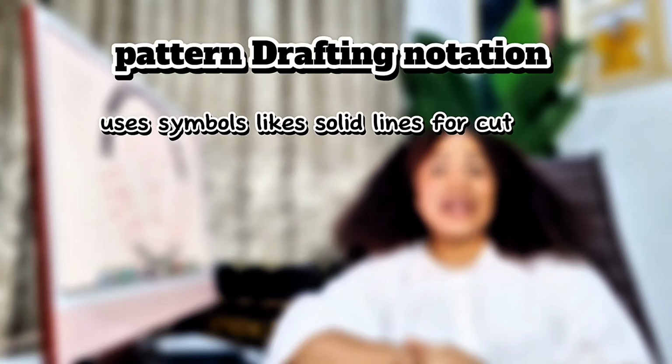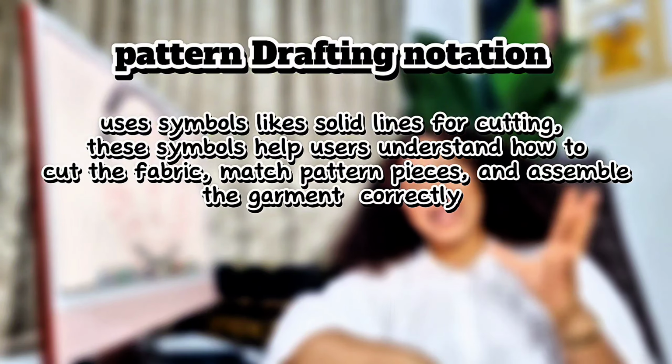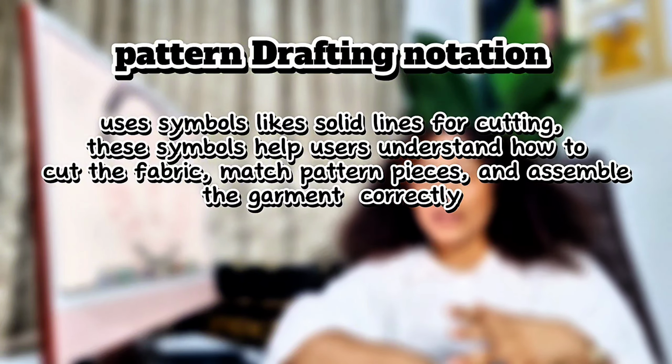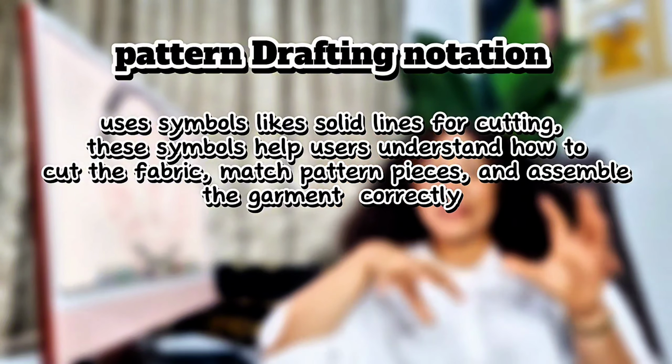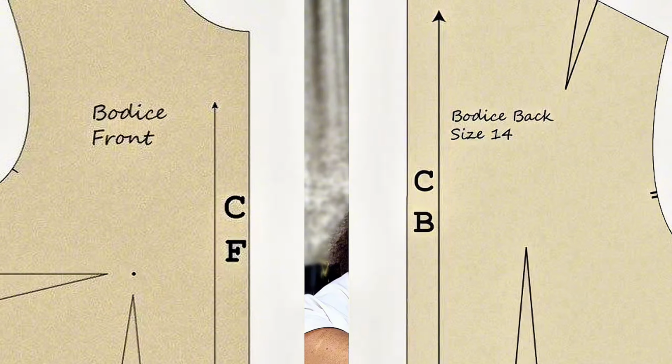Pattern notations are basically what symbols and signs mean in pattern drafting. There are a couple of them here and there. We have side seam, we have center front, we have center back, grain lines. This also helps, understanding these symbols and what they imply in pattern drafting.